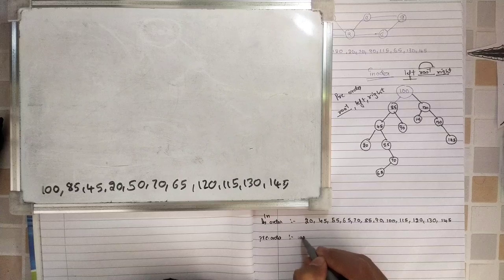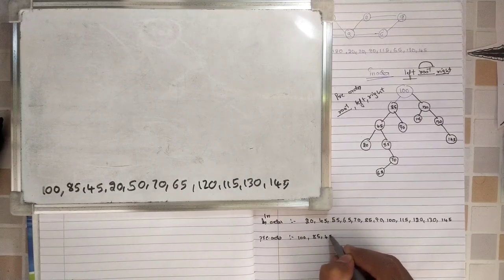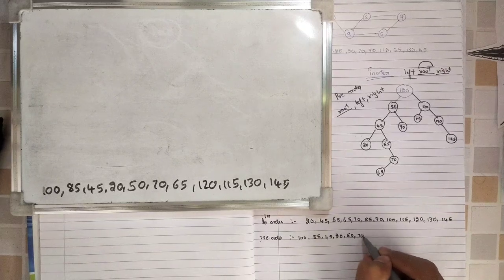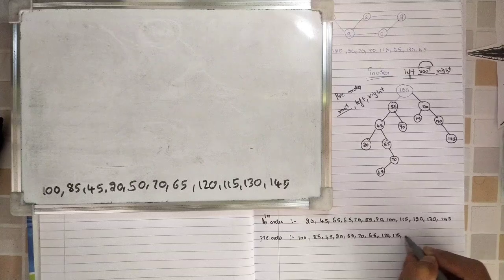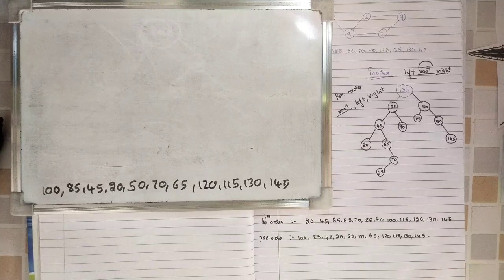First will be my root always: 100, 85, 45, 20, 50, 70, 65, 120, 115, 130, 145. So this was my pre-order traversal.